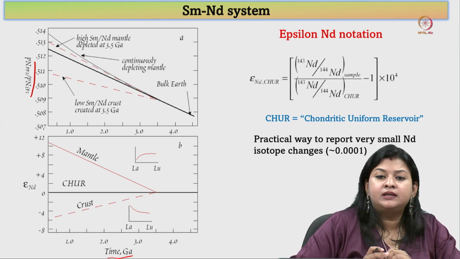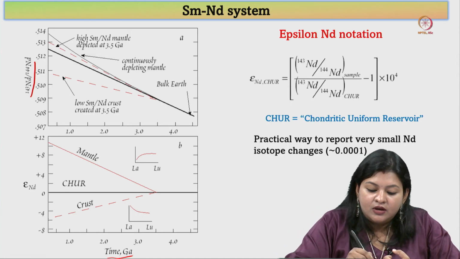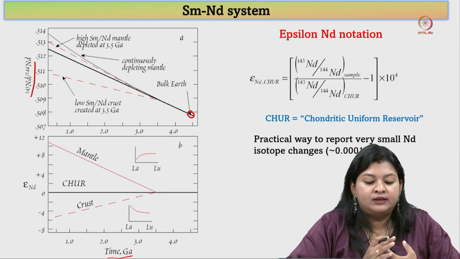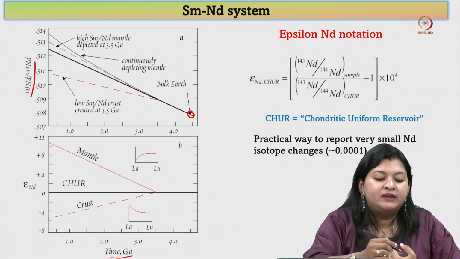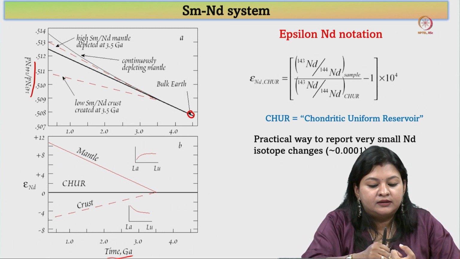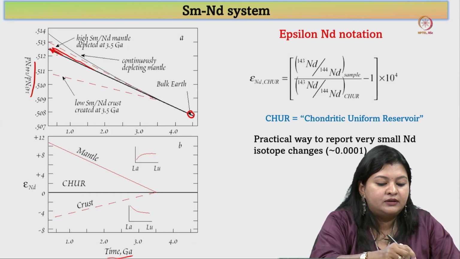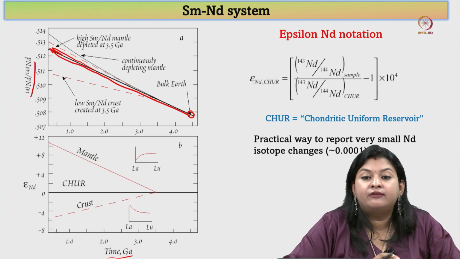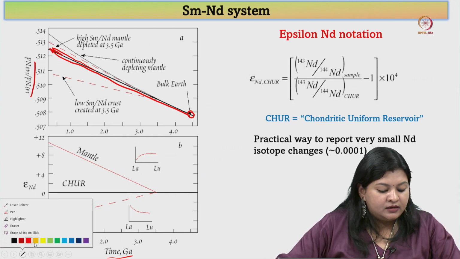As we always begin, we begin with the bulk earth value, which is the average, undifferentiated value of the earth, and how it has evolved. This is how it should have evolved if earth had not differentiated at all.